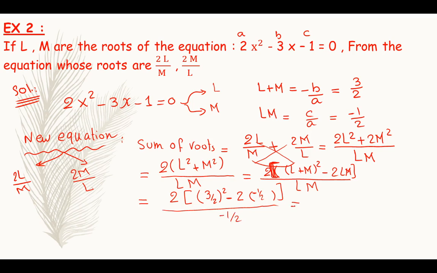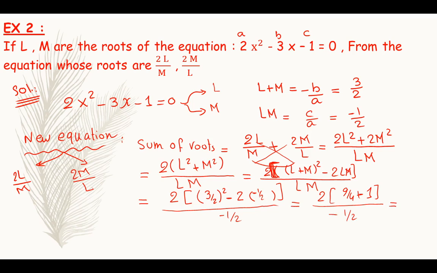And this is equal to 2 multiplied by (3 over 2) all power of 2, which is equal to 9 over 4, and negative 2 multiplied by negative half, positive 1. This is over, all of them over negative half.